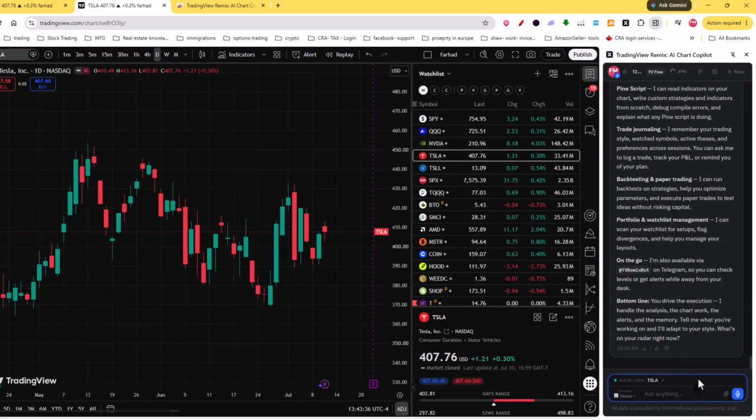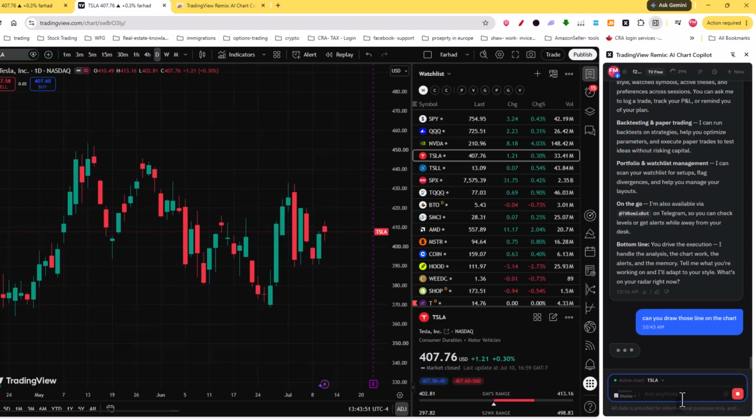So since we have all these areas, what if we ask, can you draw those lines on the chart? Let's see if it does. That would be perfect. That way you save a lot of time, especially if you're an intraday trader.